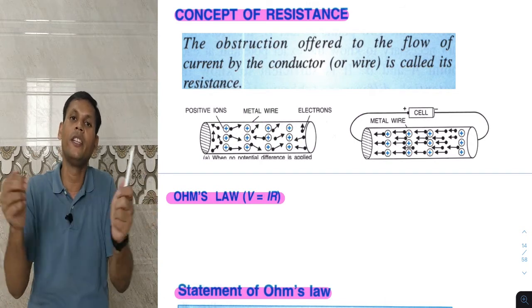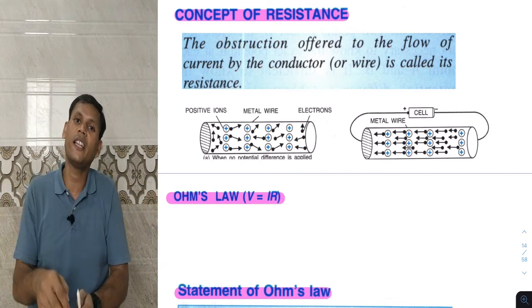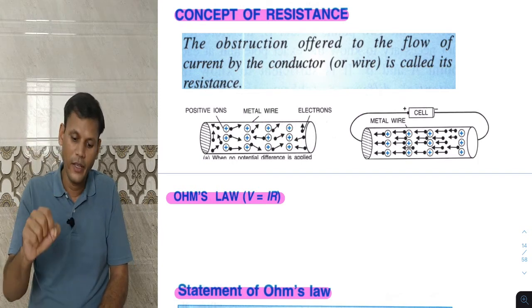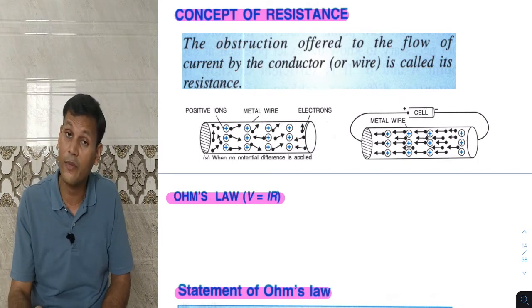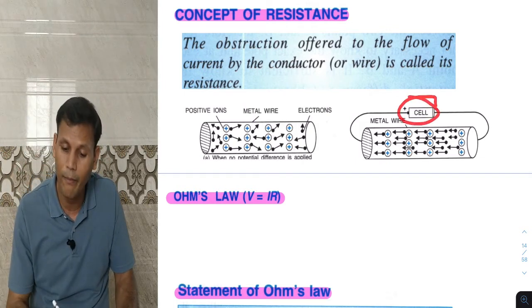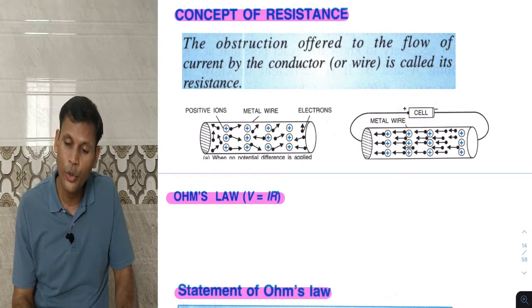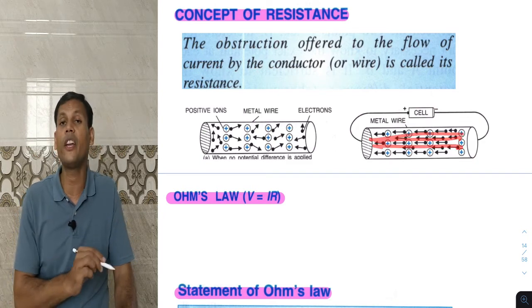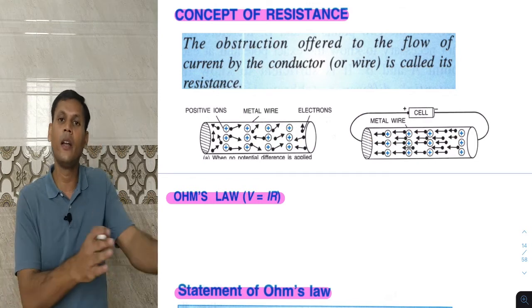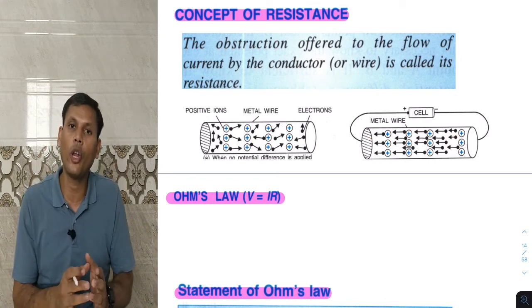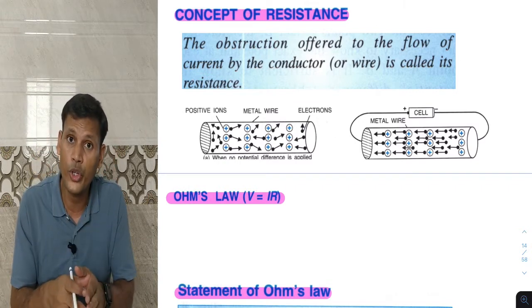Everybody will collide with each other, and due to collision they will oppose each other's motion. In the case of a conductor, as we apply the cell or the battery, due to the potential difference, electrons start to move rapidly in a particular direction. As they move, they collide with each other, and as they collide, they oppose their motion.